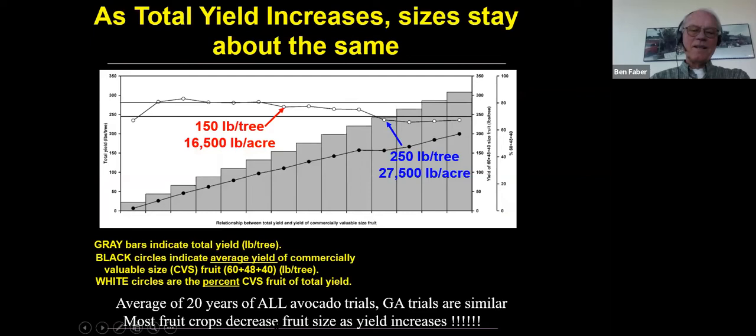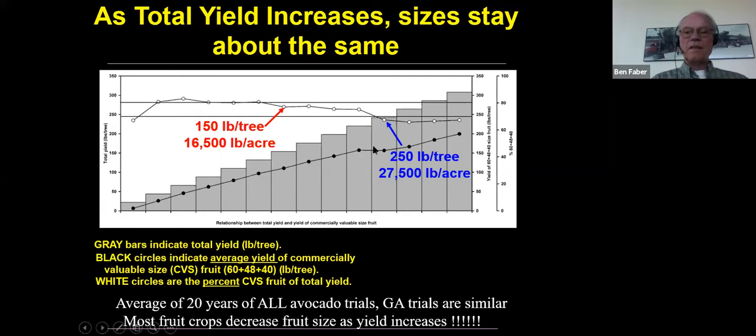Now, this chart represents an average of 20 years of all avocado trials that Carol Levitt did. And the trials that she did over the 6-year period were very similar to the gibberellic acid trial. In most fruit crops, there's a decrease in fruit size as the yield increases. So here is what happens in avocados. These gray blue columns show increase in yield.